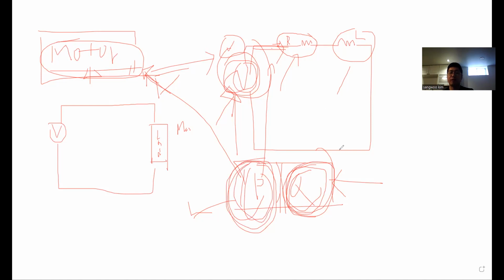That's why we use something like a capacitor bank in the substation to provide the reactive part as a supplier.